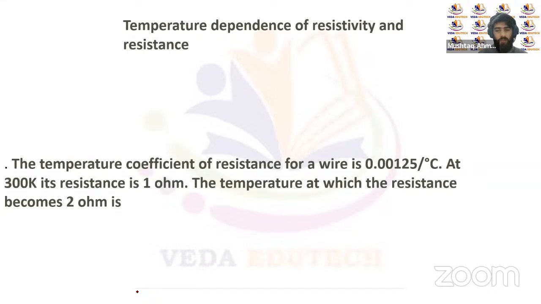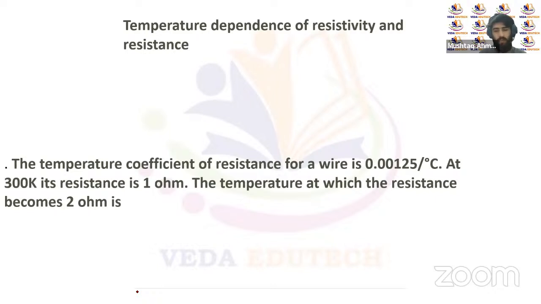Now let's discuss one of the important topics. From the previous chapters we had a discussion on it also. Let's try to quantify this term, that's the temperature dependence of resistivity and resistance.